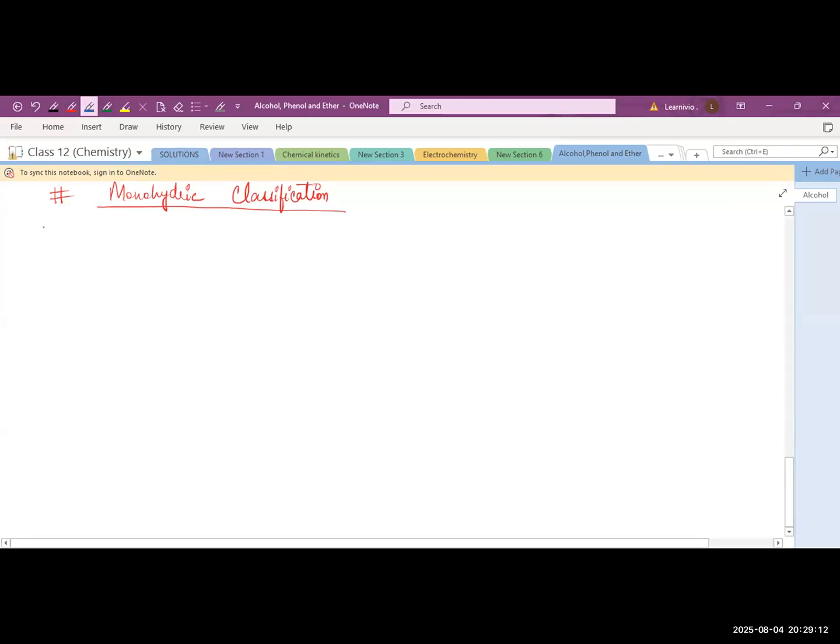So first is based on hybridization of carbon, of carbon to which the OH group is attached. इसकी hybridization की हम बात करेंगे, right?